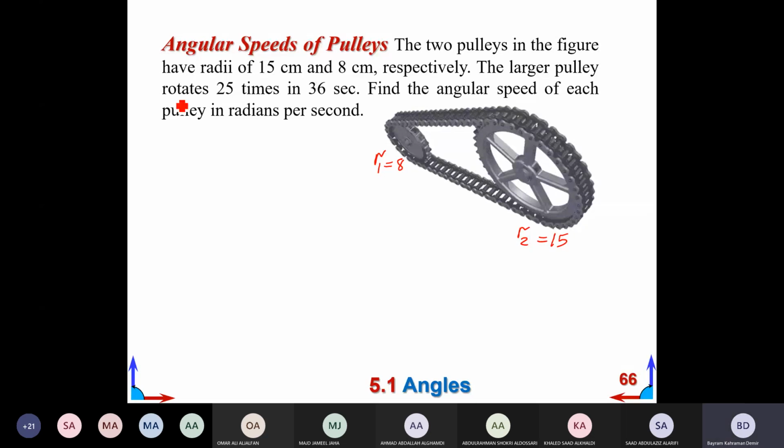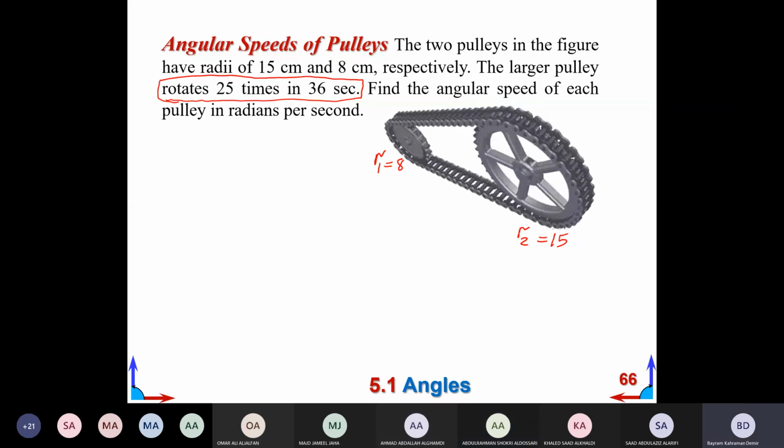What shall I understand from this sentence? You have to understand the information, Shabab. What does it mean, 25 times in 36 seconds? What does it give you? Speed. Omega. So the omega of the larger gear, let me say omega 2.